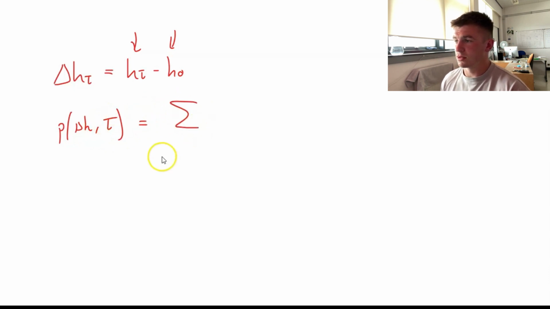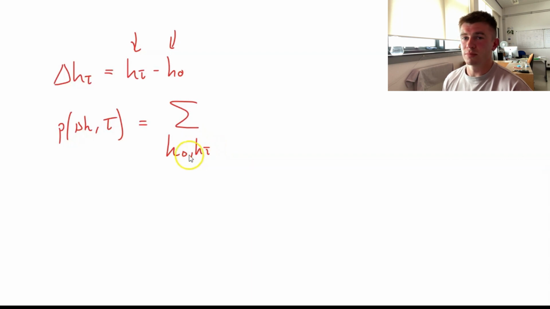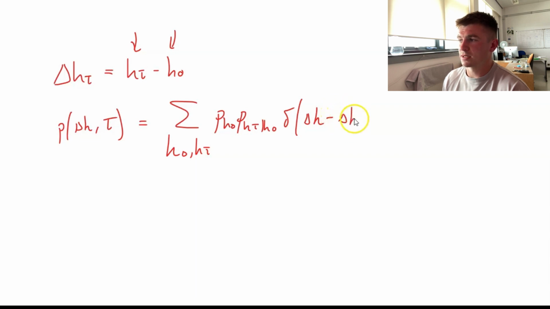It's going to look like the sum over all possible values of h0, the initial measurement outcome, and h tau, the second measurement outcome, of the probability of getting h0 for the first measurement multiplied by the probability of getting h tau for the second measurement, given the fact that we got h0 for the first measurement. And then it's going to be multiplied by a delta function, which is centered at delta h tau.